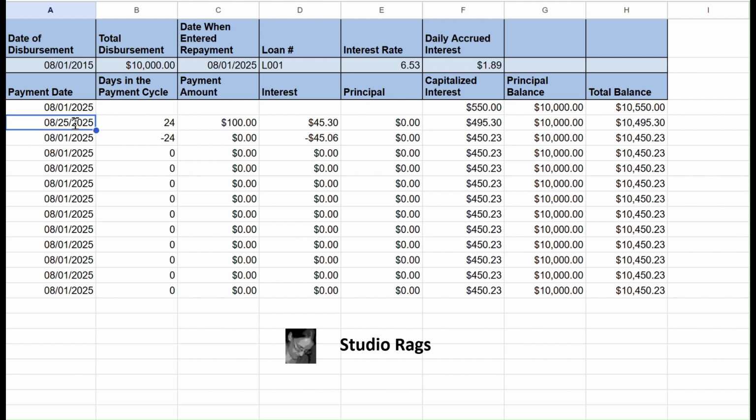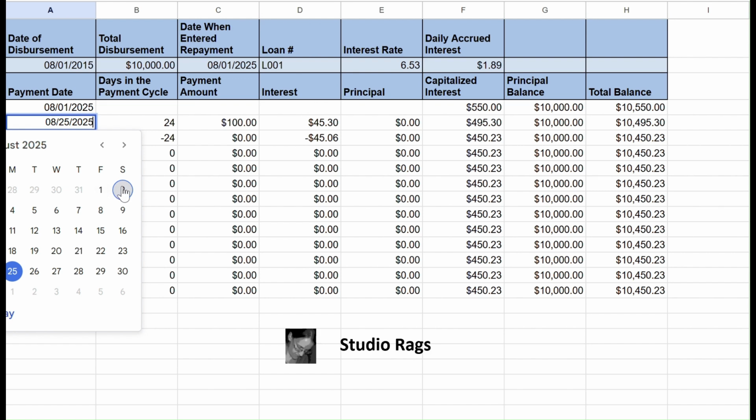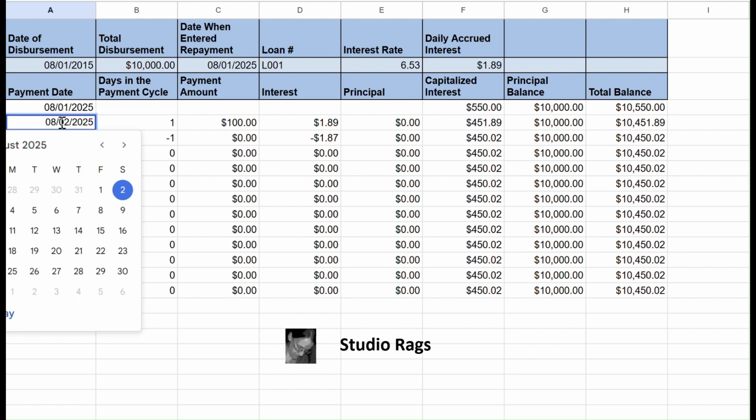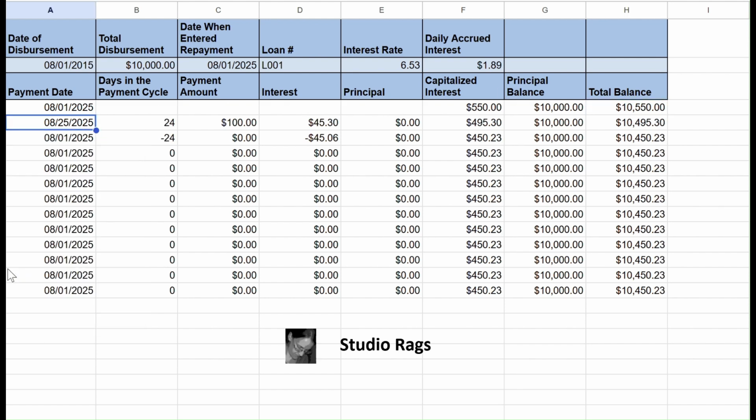Just change the date to August 2nd, so it's only a 1 day. And you can see here that it's $1.89 per day. That's what's being calculated based on this total balance here. Okay. Now let's change this back to what your payment date was, August 25th.